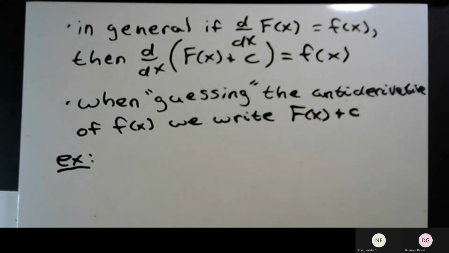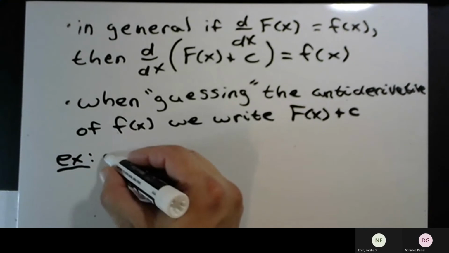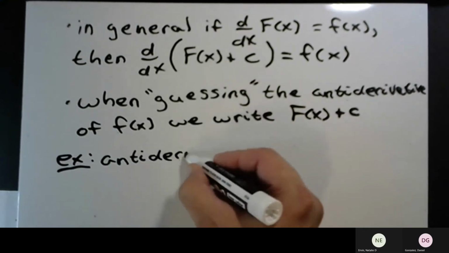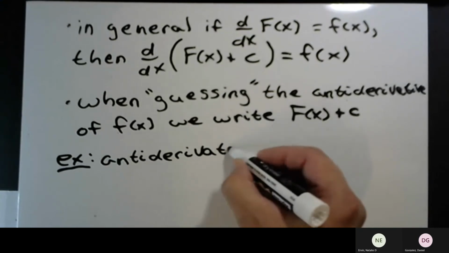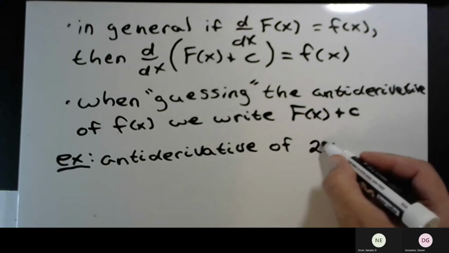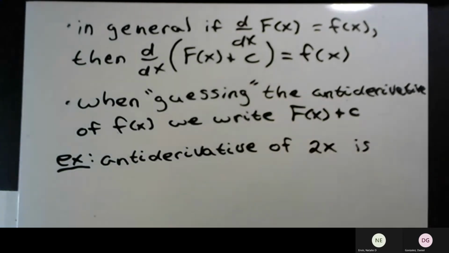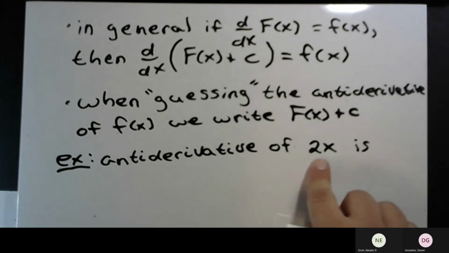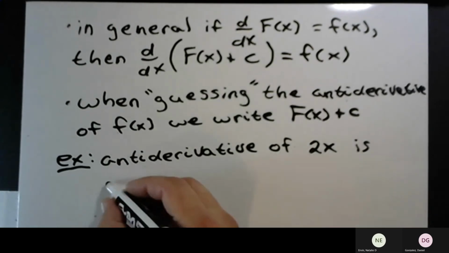So now we're going to go through those three antiderivatives: for 2x, for cosine x, and for 1 over the square root of 1 minus x squared. The antiderivative of 2x: before we said it was x squared, because if you take the derivative of x squared, you get 2x.